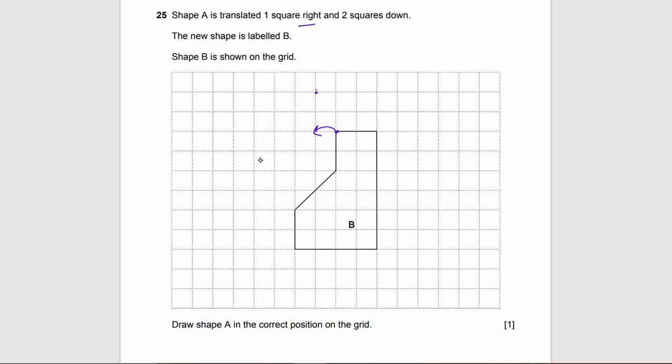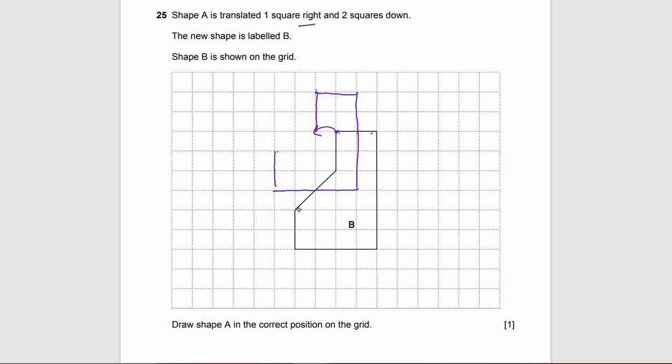This point is 1 left, I take the opposite left, and then down I take the opposite, up. So this point originated from here, so there are 2 units on this side and 2 units down, and then 6 units down, and 4 units left, and then 2 units up here, and then slanting here.